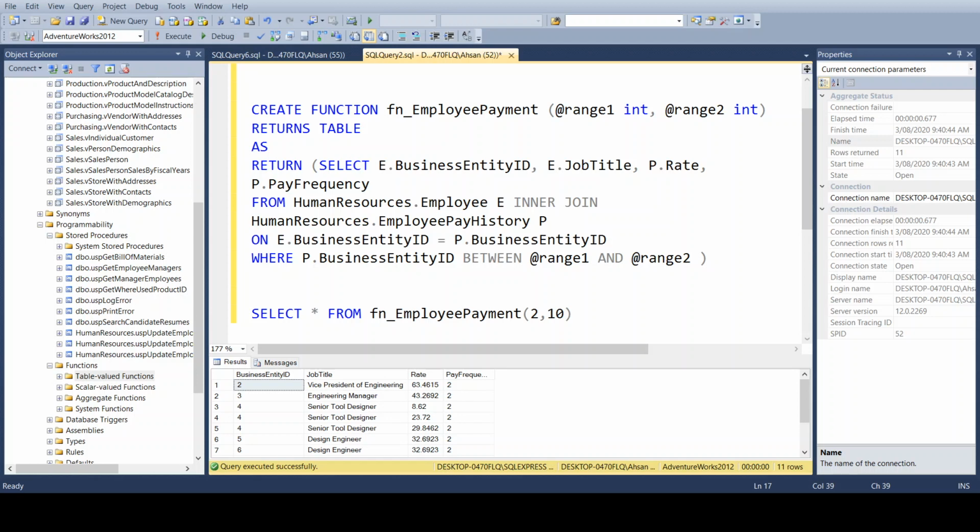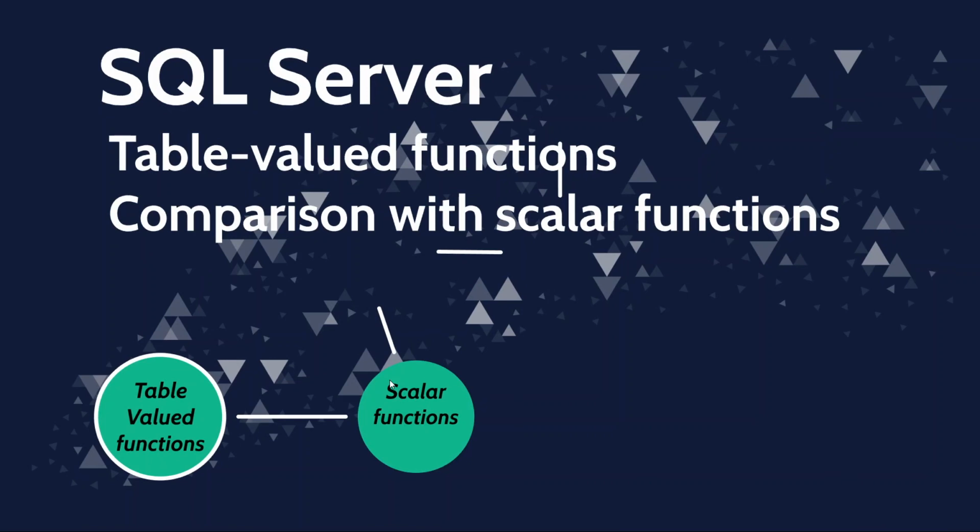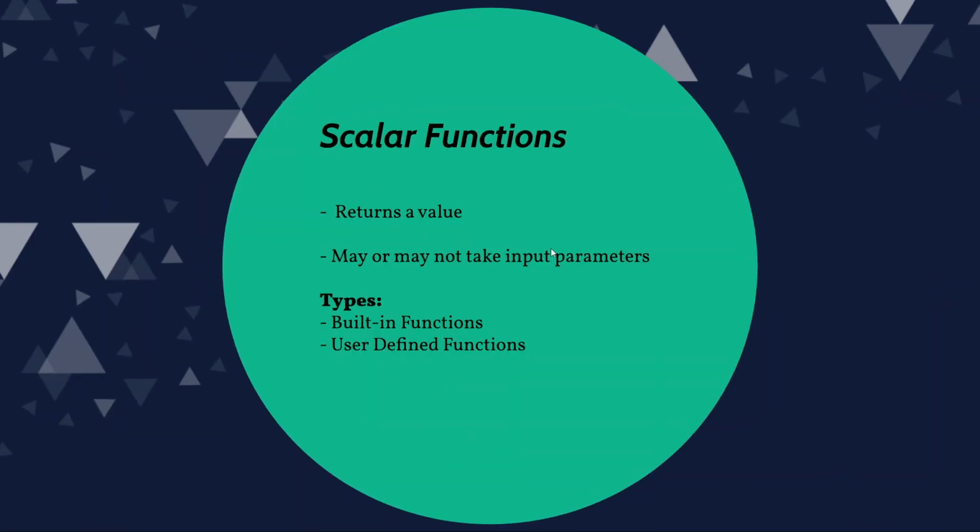So now let's have a look at the scalar functions. So what are scalar functions? Scalar functions return a value. Scalar functions take one or more parameters as well; they may or may not take input parameters.